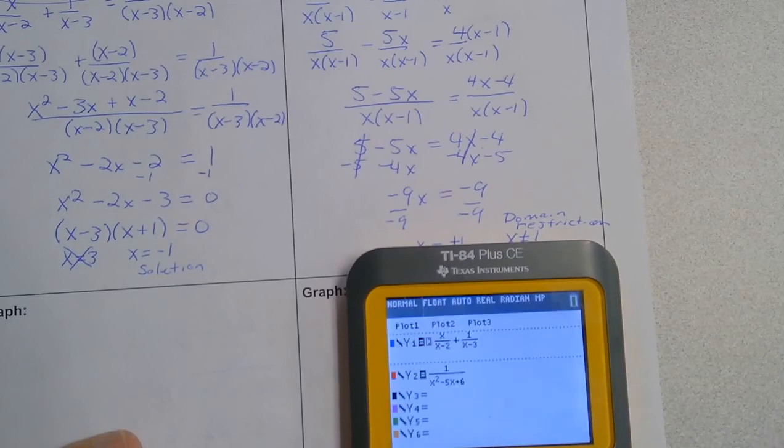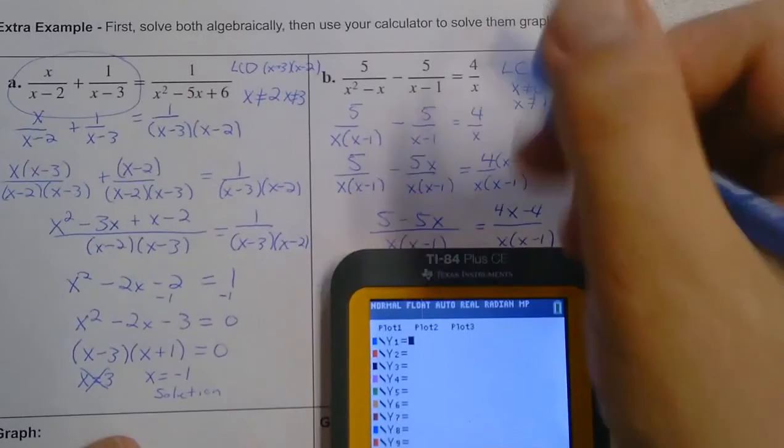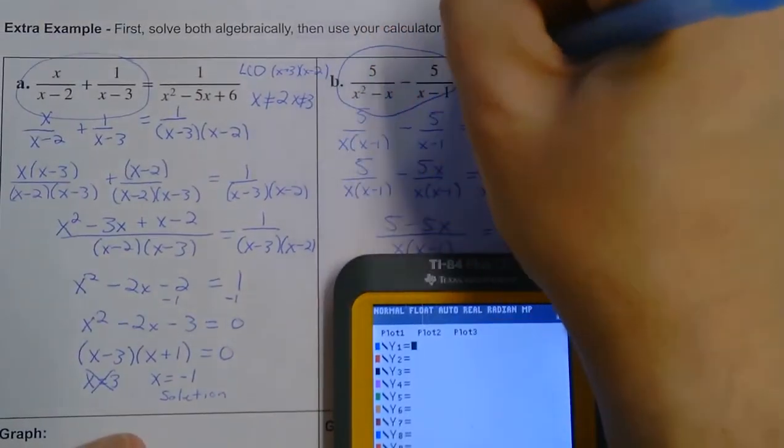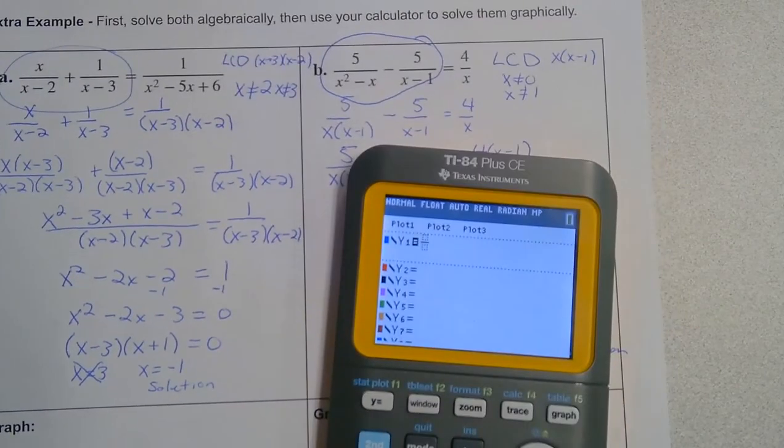So let's look at the graph. So if I go y equals and clear everything out from my previous problem, and we're going to put this into the left-hand side of the equation. So alpha x is going to be 5 over x squared minus x and then minus alpha x 5 over x minus 1.